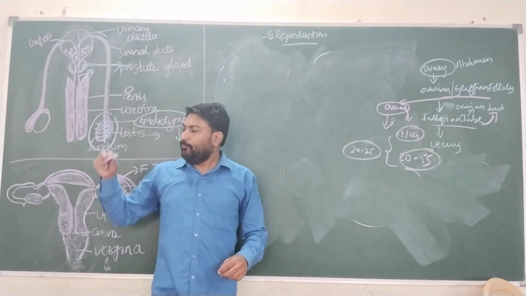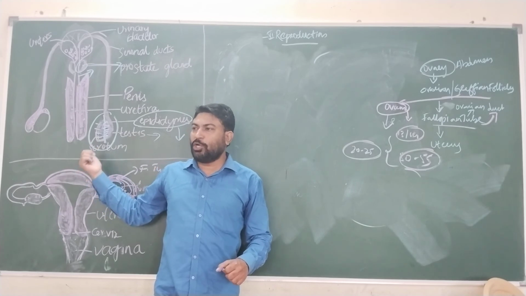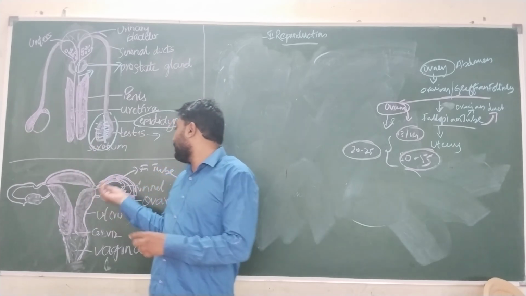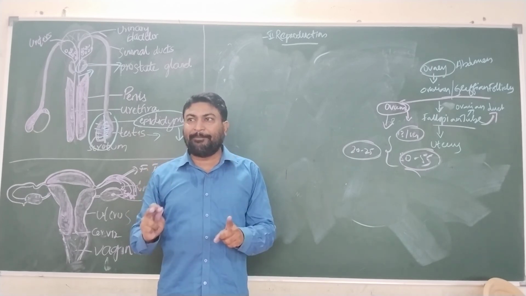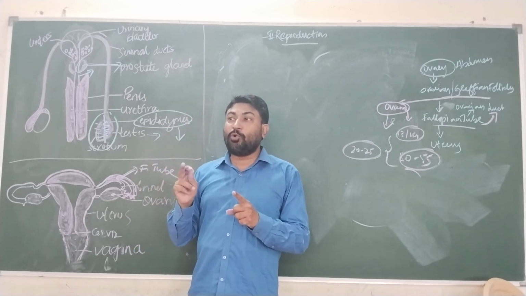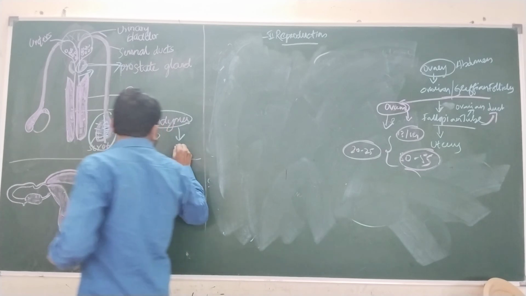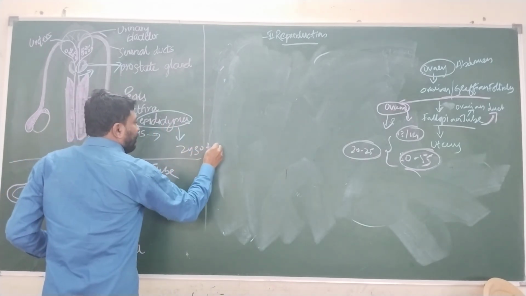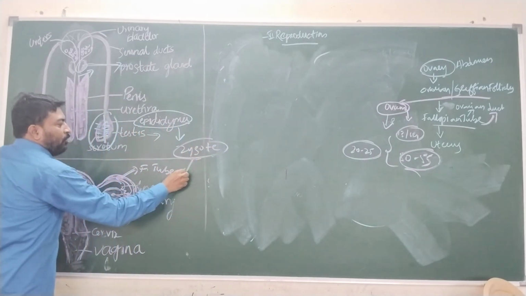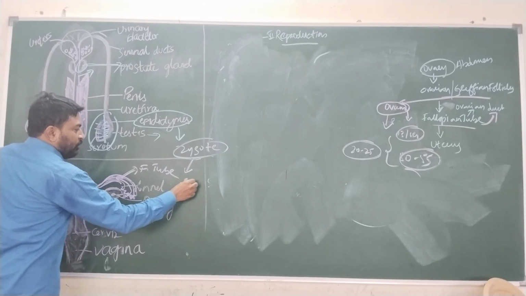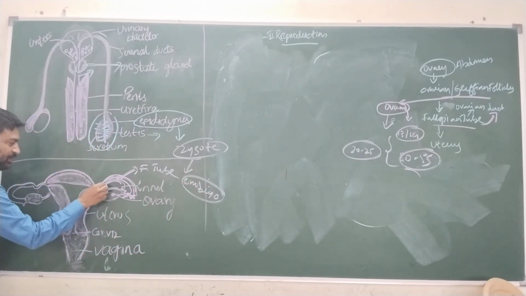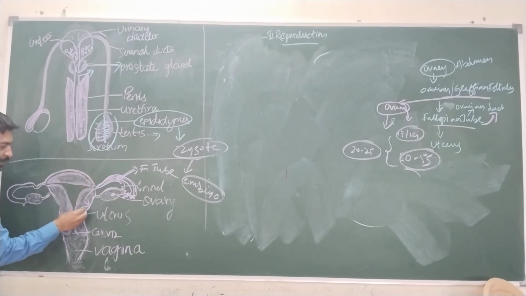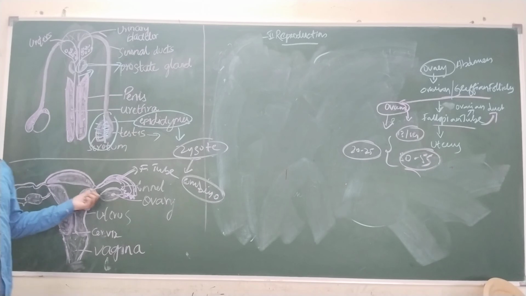That is, the sperm releases its haploid nucleus into the ovum. If fertilization has taken place, the fertilized ovum is known as the zygote. This zygote undergoes several changes to form an embryo. This embryo reaches the uterus and gets attached to the uterus, which is known as implantation.